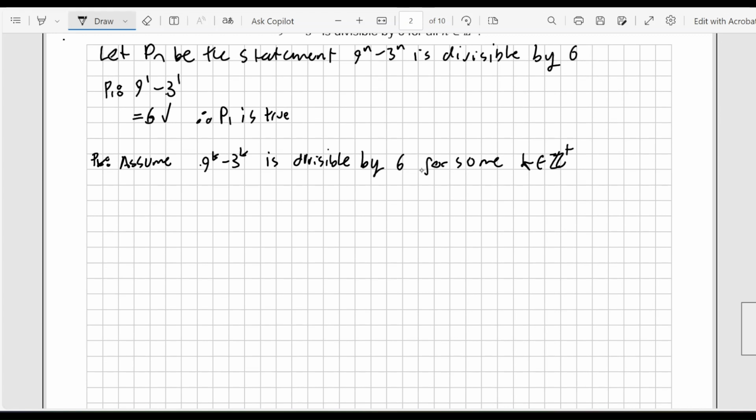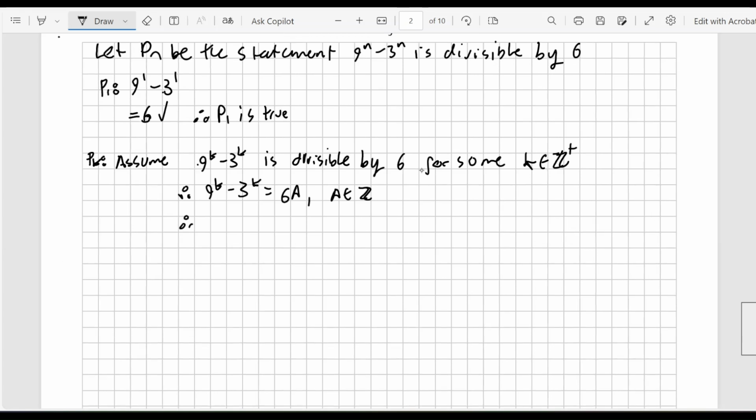Therefore what that actually means is that 9 to the k take 3 to the k is a multiple of 6, so 6 times a, and a must be any whole number. And if we rearrange that, which is usually a good idea with these division proofs, 9 to the k is 6a plus 3 to the k. Just like that. Star.